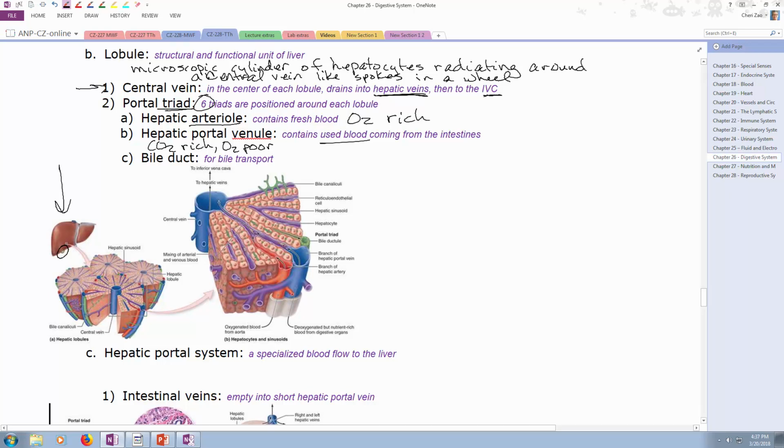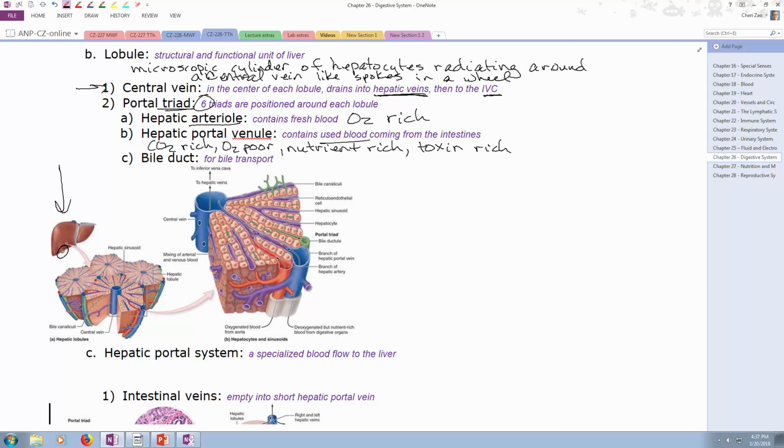And so it will be nutrient rich. And it will be toxin rich, because we ingest toxins. Alcohol is a toxin, acetaminophen is a toxin, ibuprofen is a toxin, and we are going to send all of this stuff to the liver for processing and detoxification.